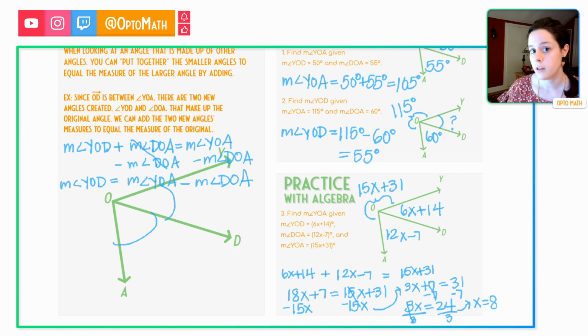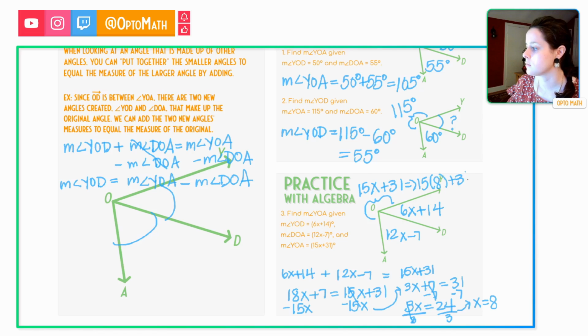Now we're not done. We have found x, which is great, but our final goal is to find the measure of angle YOA, which currently is 15x plus 31. So we have to substitute x equals 8 into this expression to find out the measure of YOA. So let's do that. 15, substitute our 8, plus 31.